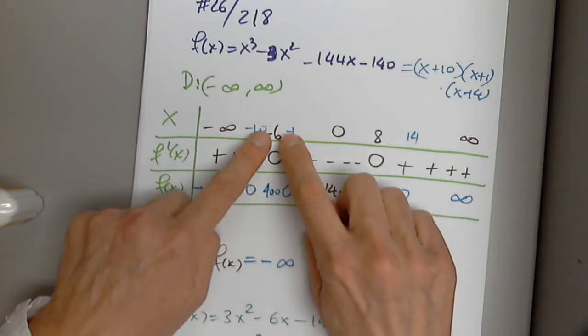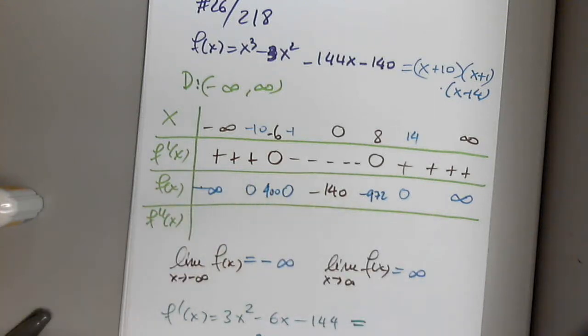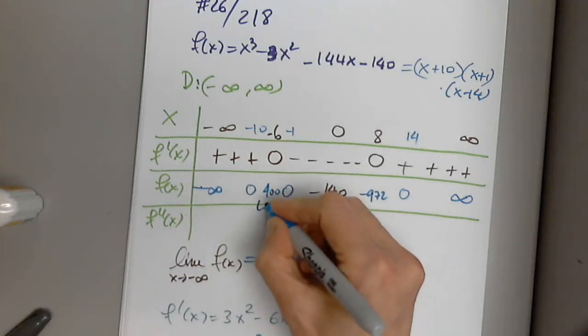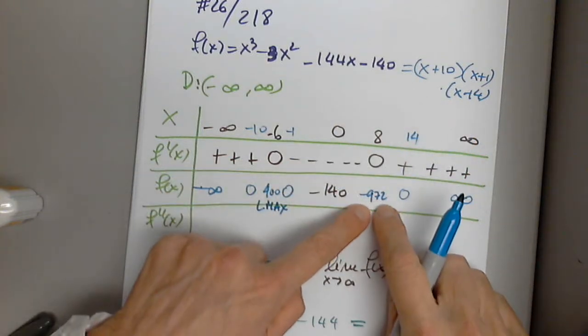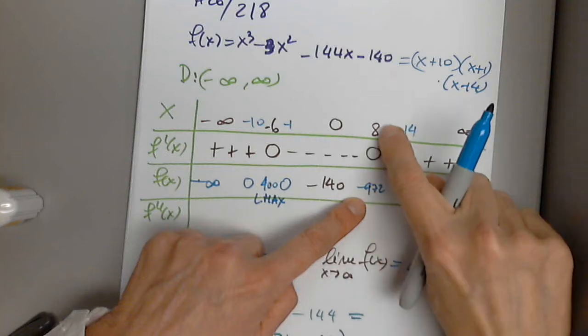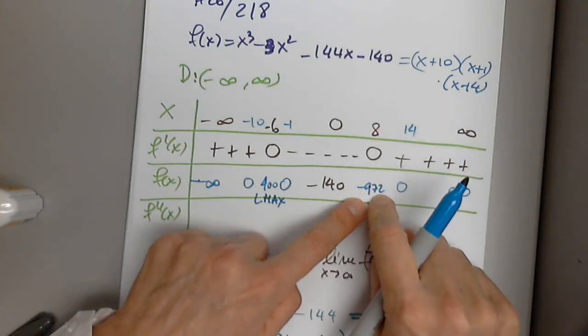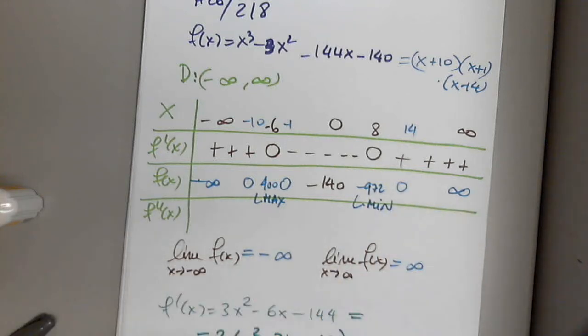What type of point is -6, 400? Max. Exactly. Local max. Is that clear? First derivative is positive, then is 0, then is negative. What type of point is 8, -972? Local min.